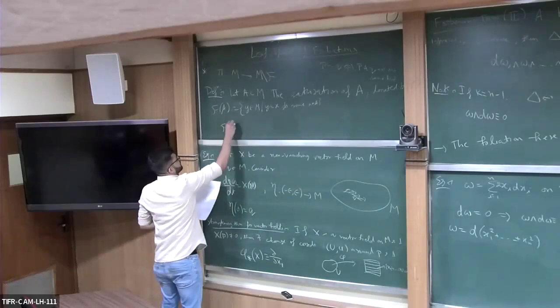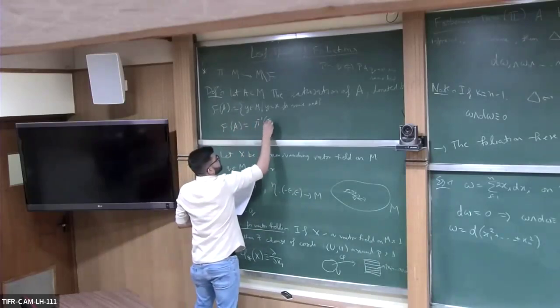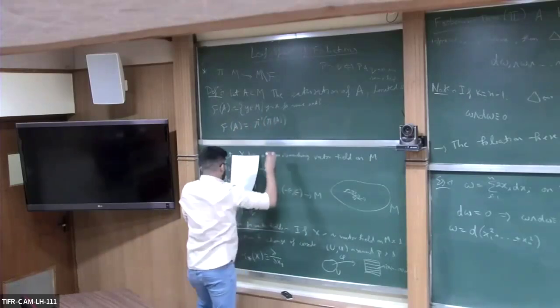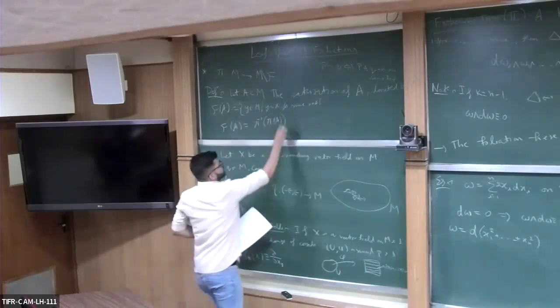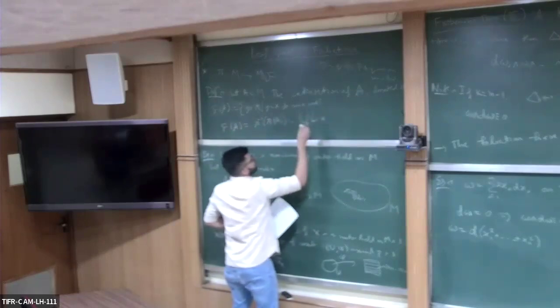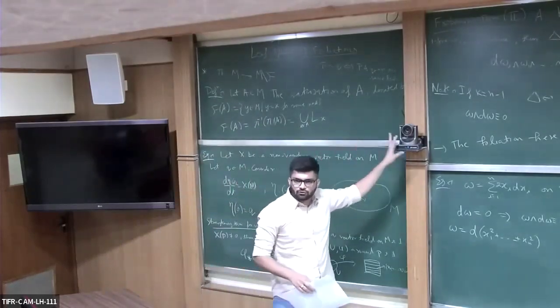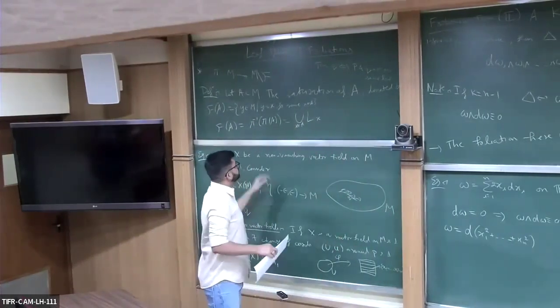In other words, we can write FA as the inverse of the union of Lx, x in A. So this is the description of the saturation of our set.